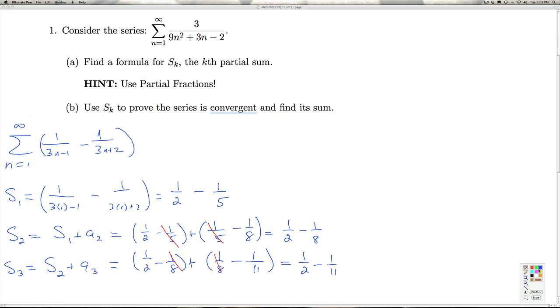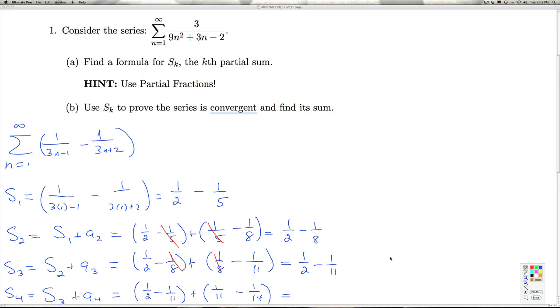And we'll do one more. S4 is adding up the first four terms. So I know the sum of the first three terms, and now I'm just adding the fourth term. So that's 1/2 minus 1/11 plus, plug 4 in, 1/11 minus 1/14.